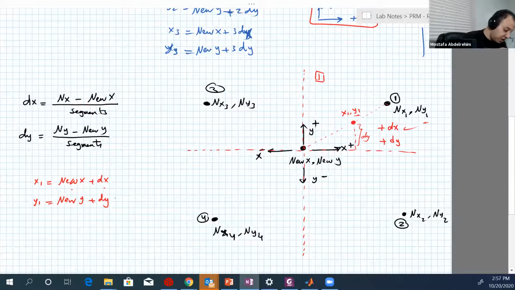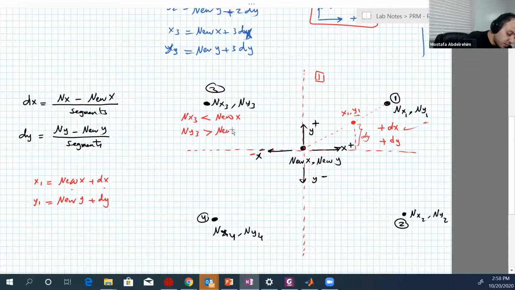Let's check quarter three before quarter two. With quarter three, we will move in this direction. In this direction, x is decreasing, and y is increasing. So nx3 is actually less than new x, and ny3 is greater than new y.